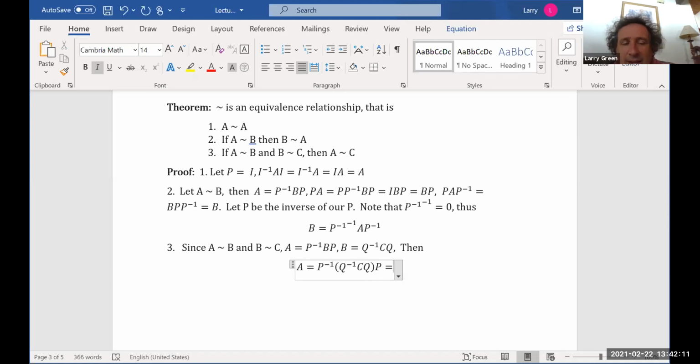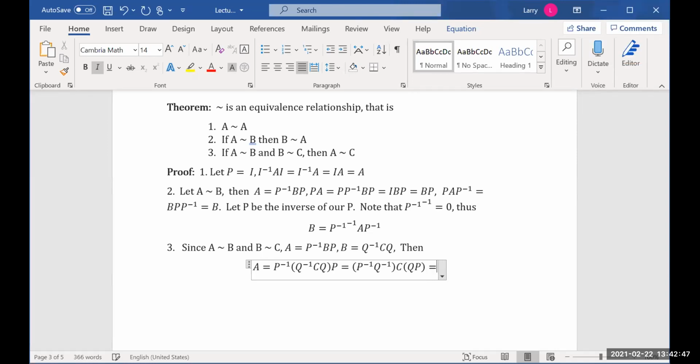All right, now I can use the associative property of matrix multiplication, and I can say that's P inverse times Q inverse times C times QP. Any questions on that? And remember how I can rewrite P inverse times Q inverse? We had a little theorem about inverse multiplication.